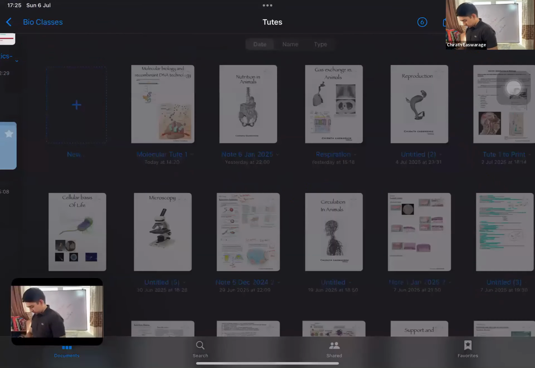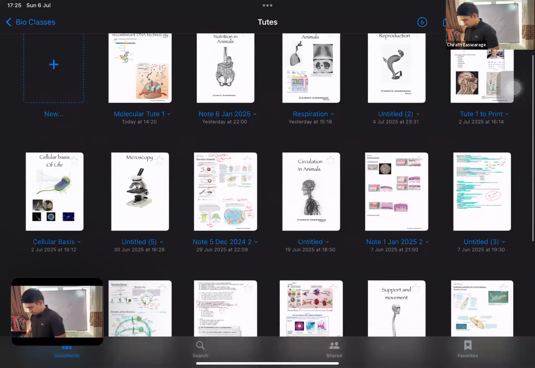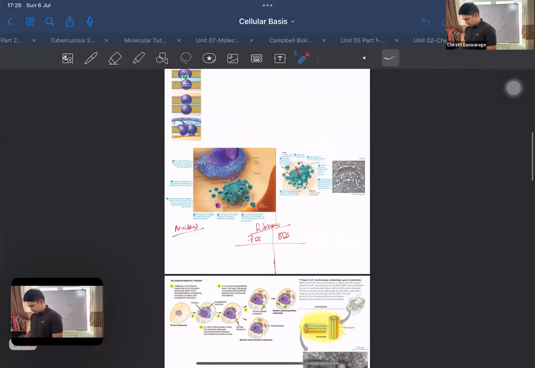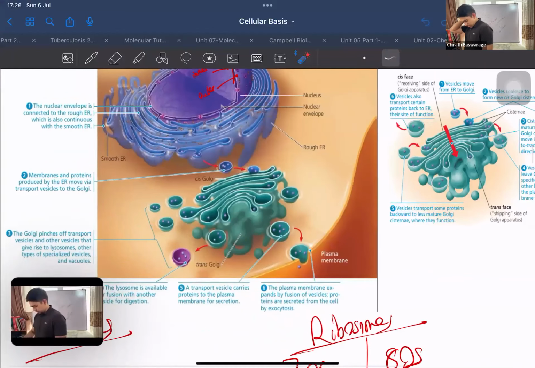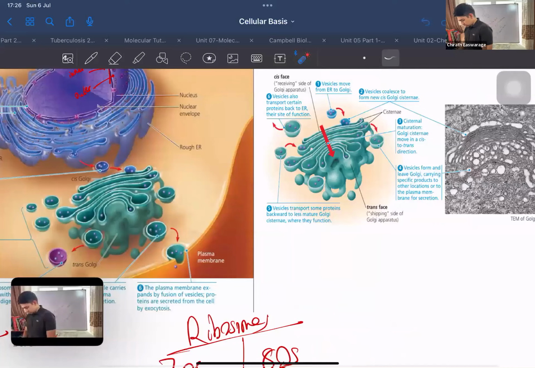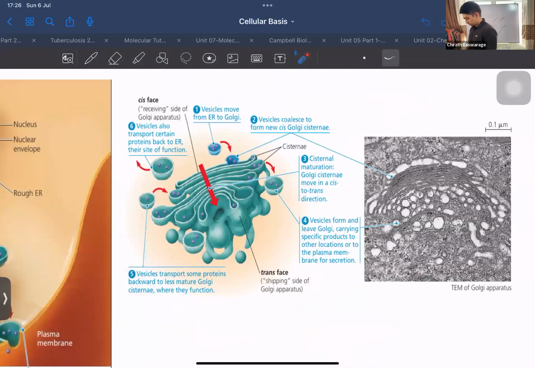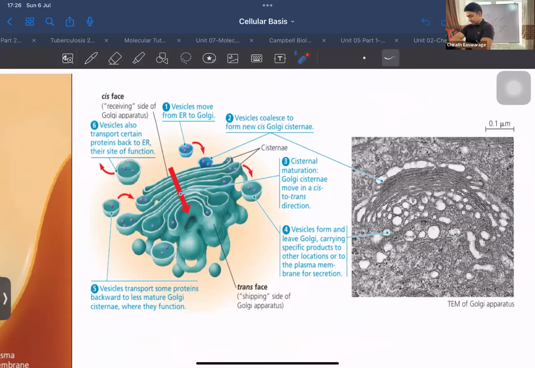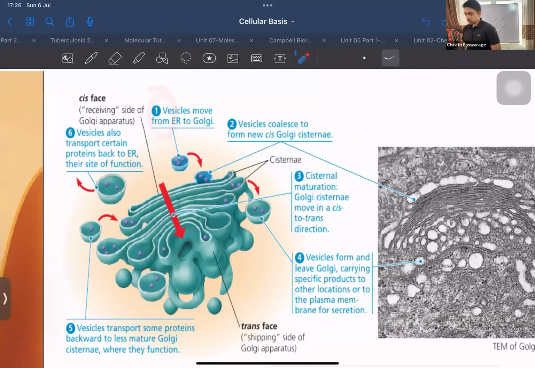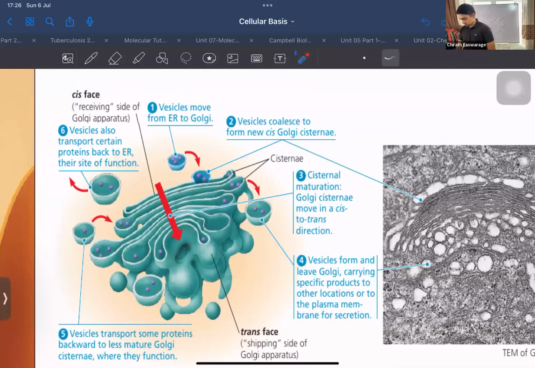Let's go into our lesson today, that is the cellular basis. In this diagram, you can see the transmission electron microscope image of the Golgi apparatus. This is the cis phase. Step 1: the vesicles come from the endoplasmic reticulum and fuse with the Golgi, and their internal content is released into the Golgi.